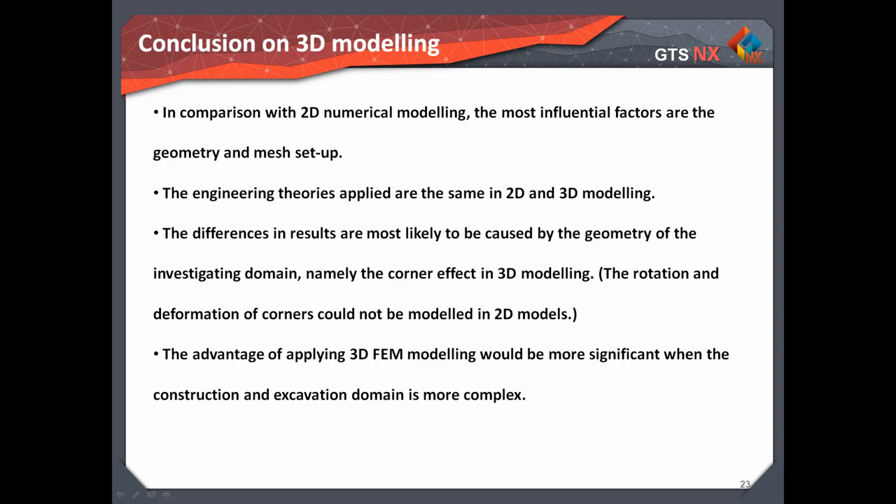The differences in results are most likely caused by the geometry of the investigated domain, namely the corner effect in 3D modeling. The rotation and deformation of corners could not be modeled in 2D models. And the advantage of applying 3D FEM modeling would be more significant when the construction and excavation domain is more complex.